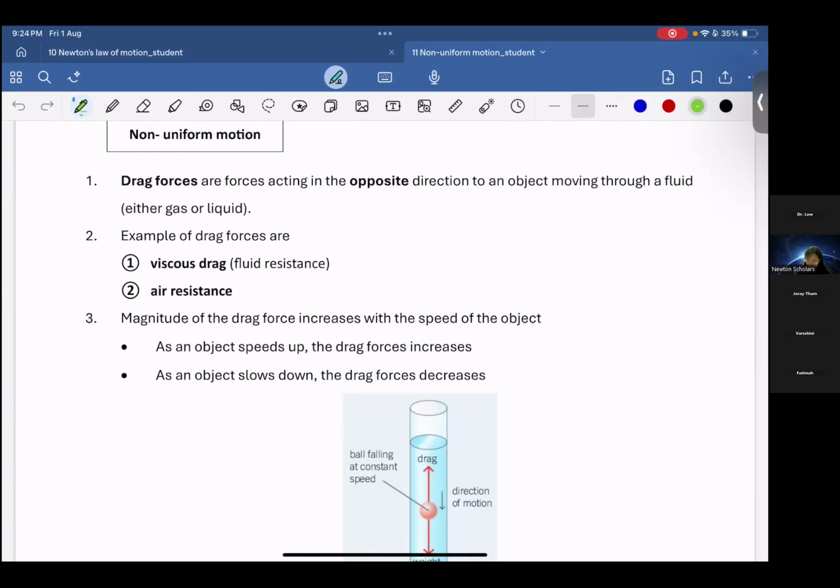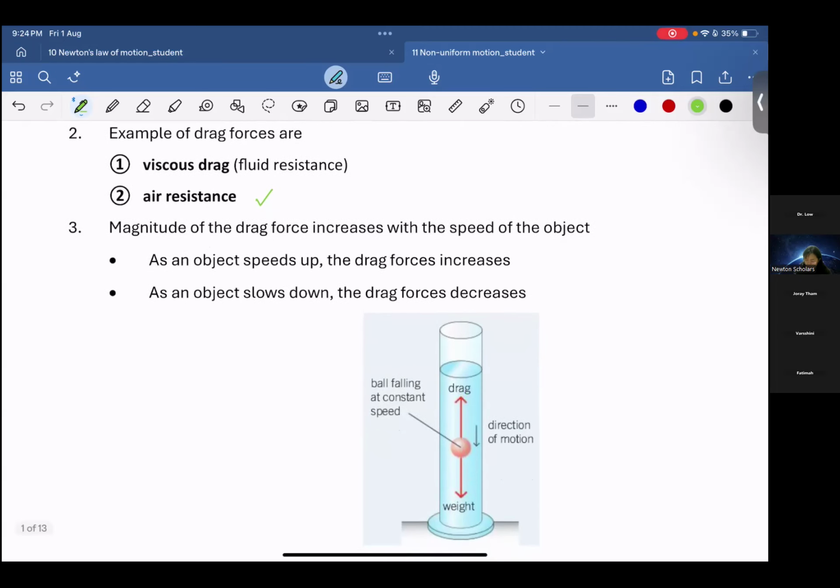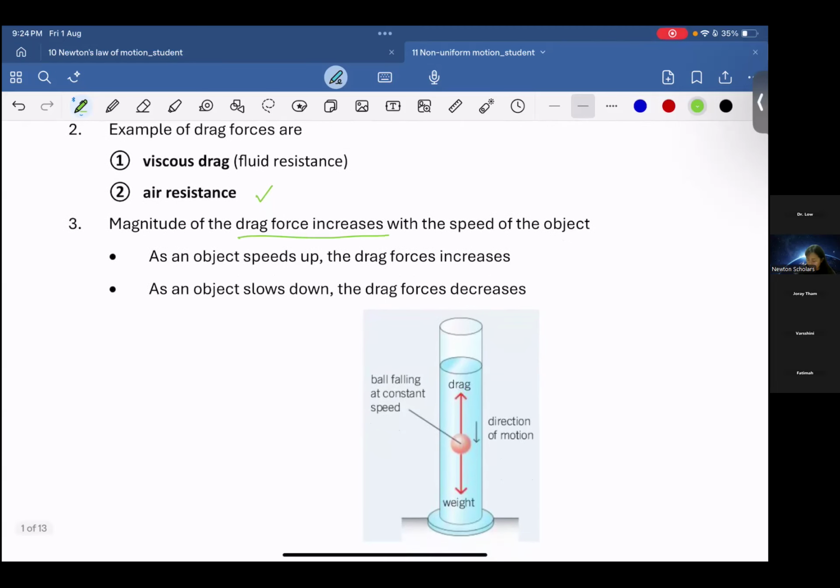Examples of drag force are viscous drag and air resistance. Air resistance is very common. Drag force will always increase with the speed. Imagine you are walking, you don't feel the air resistance.